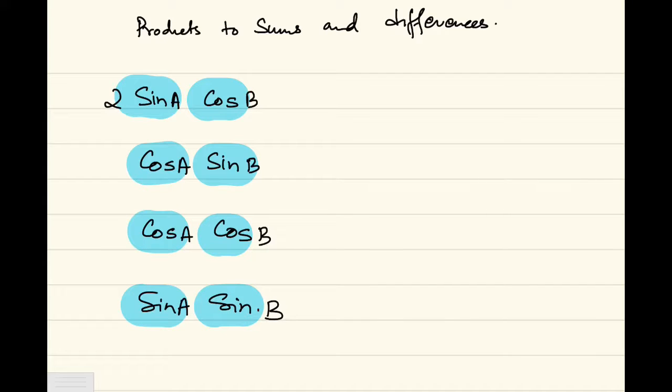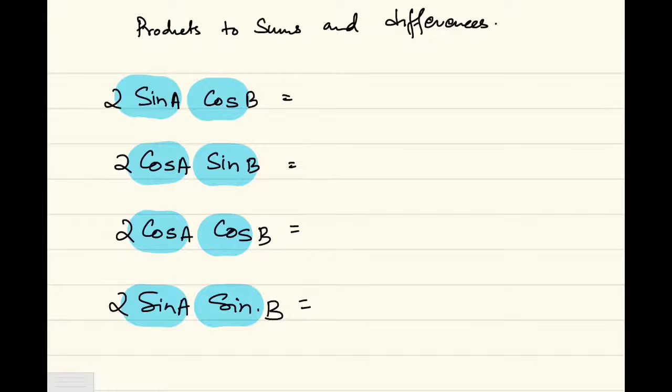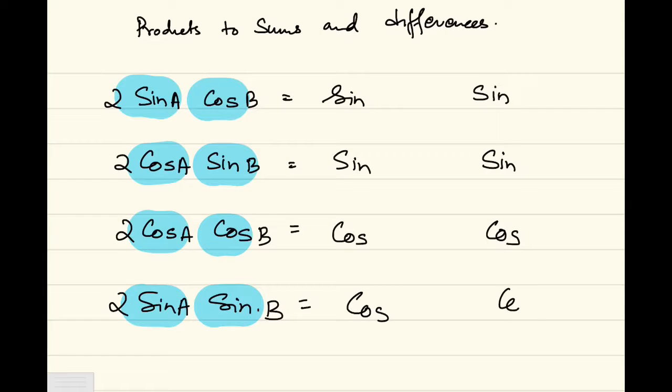Then add a 2, 2, 2, 2. Correct? So that makes the left hand side. Isn't that correct, everyone? Yes. Okay, now comes the right hand side. What you need to do is, on the right you need to write sine. Then comes cos with a cos, correct?